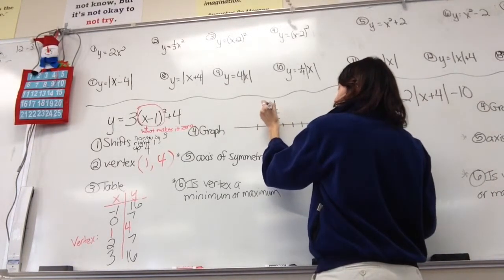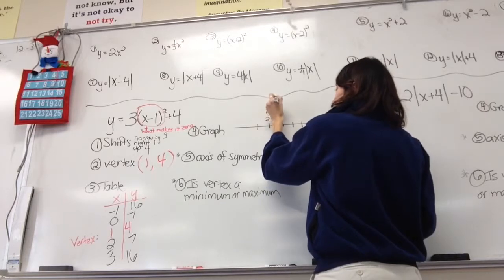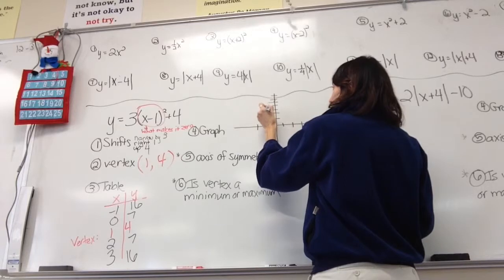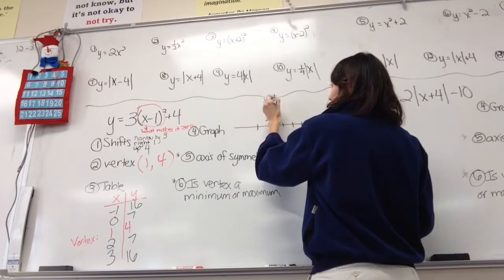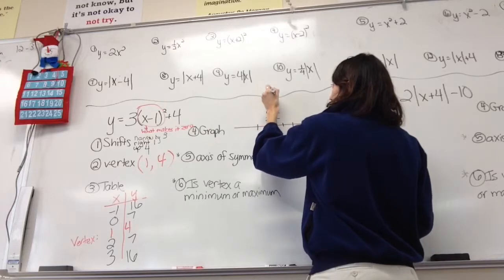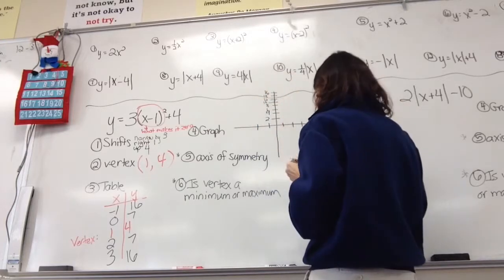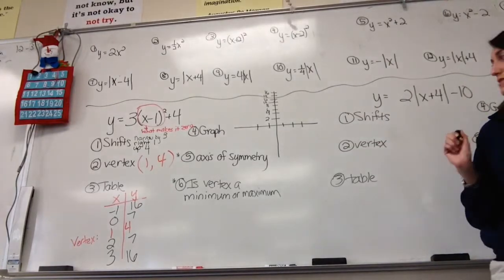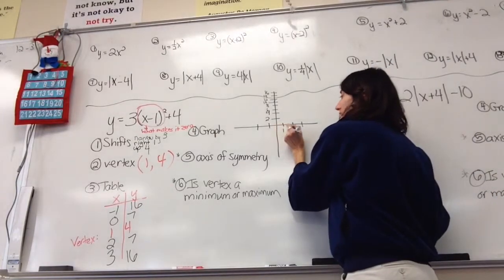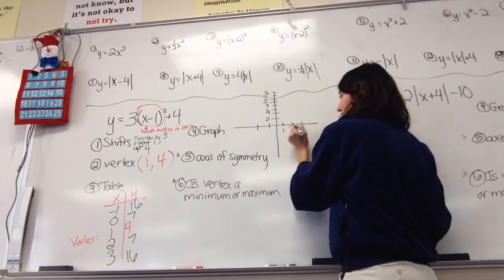I like 4s. You can count by ones if you want. 2, 4, 6, 8, 10, 12, 14, 16. But do you want to count your x's by twos or your x's by ones? Ones? Okay. You have to tell me if you don't count by ones.